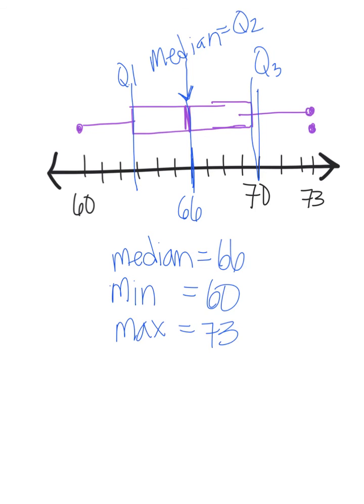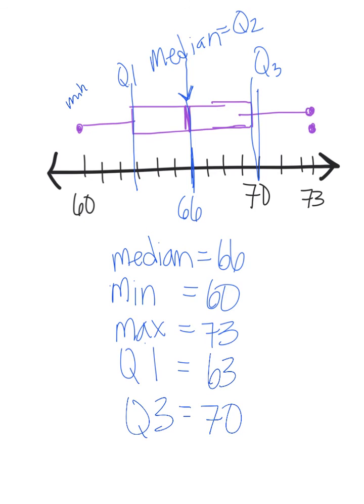So if we're writing this, we're going to write Q1, or first quartile, and that is 63. And our Q3, our third quartile, is 70. So again, this is min, and this is max.